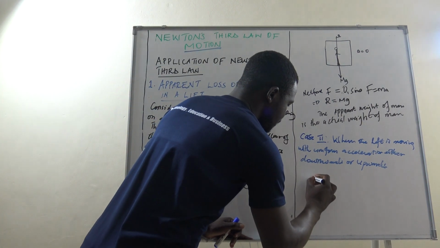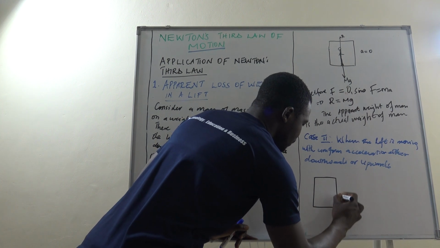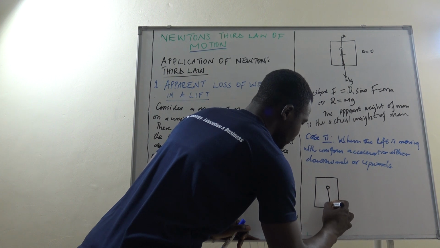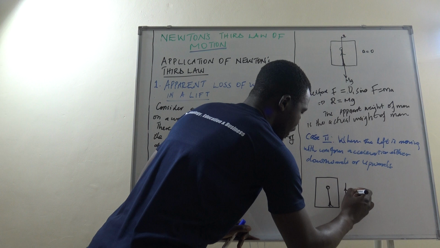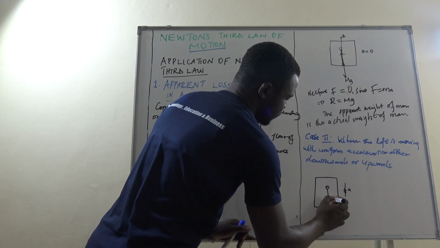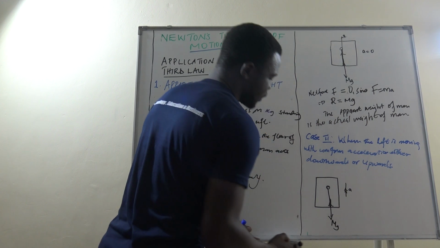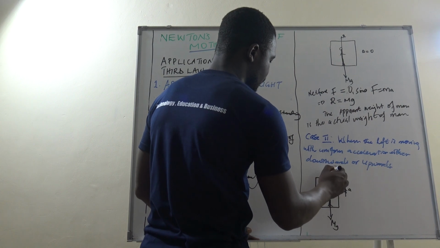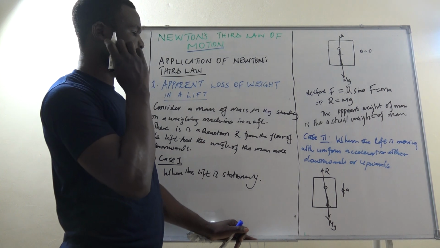We again sketch our lift. I am taking this to be a sketch of my lift, and this is the person in the lift. Now let us consider the upward motion. The weight of the man will always act downwards, but there will be a reaction from the floor of the lift that is equal to that.